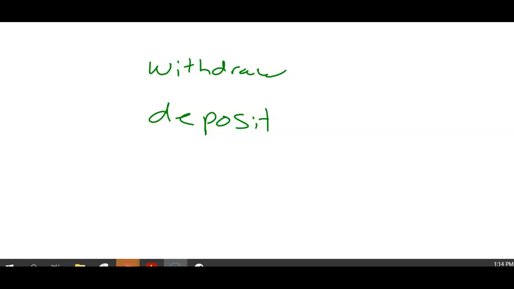Is a withdrawal going to be a positive or a negative integer or rational number? Josiah. It's going to be a negative. People think this is a positive because when you go to the ATM and you take money out, you now have the money in your pocket, right?